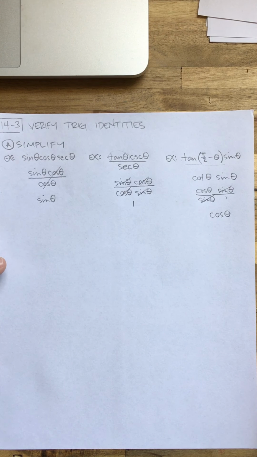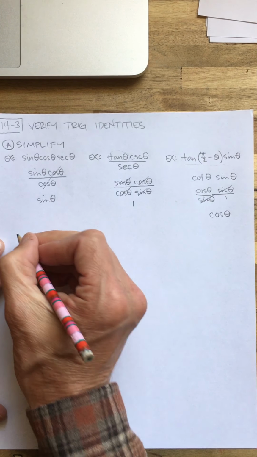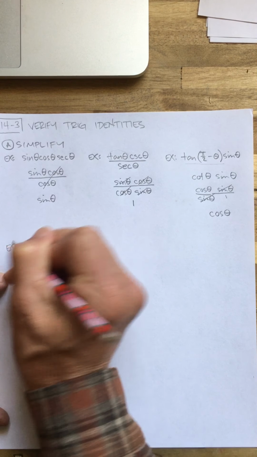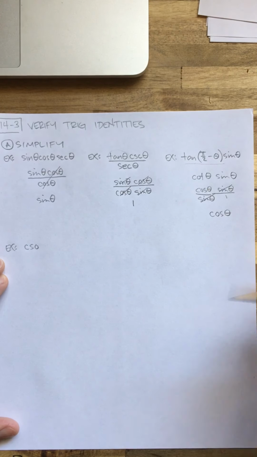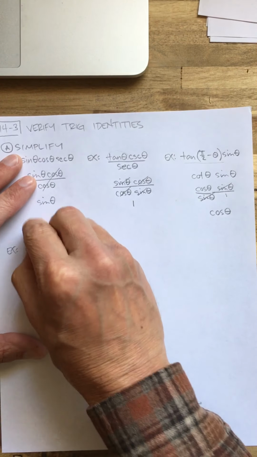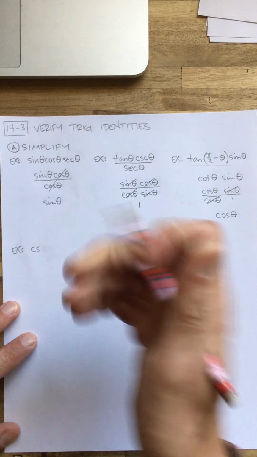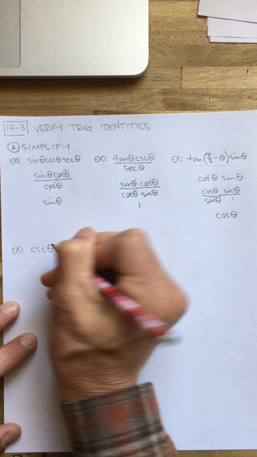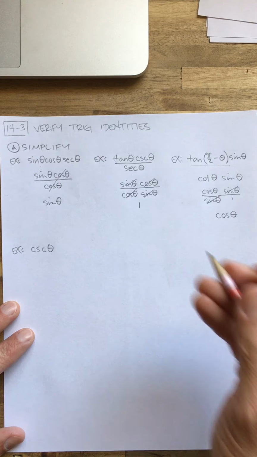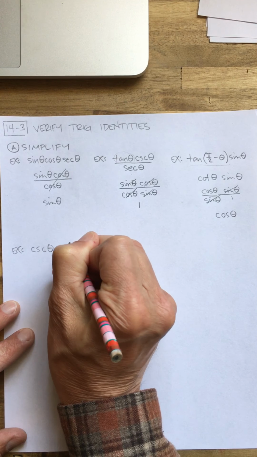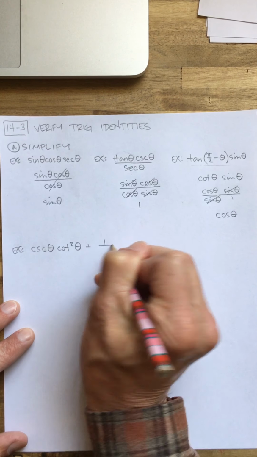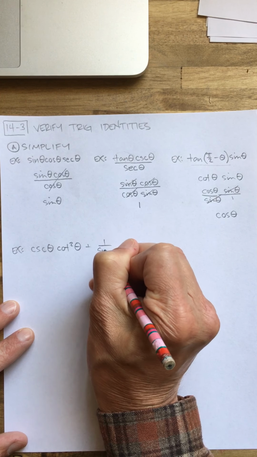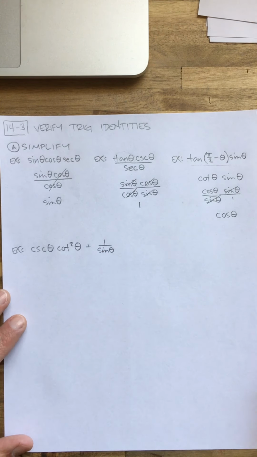Let's bump it up a little bit. You ready? Let's try something like this: the cosecant of theta. What should you be thinking? Cosecant of theta, I'm thinking reciprocal of sine, times the cotangent squared of theta, plus 1 over the sine of theta.